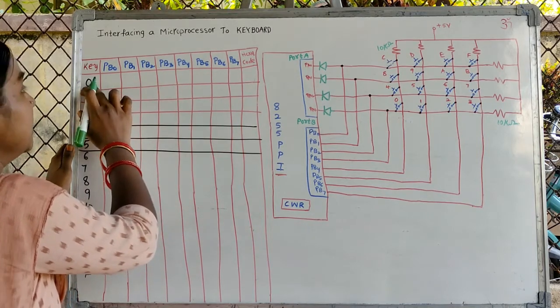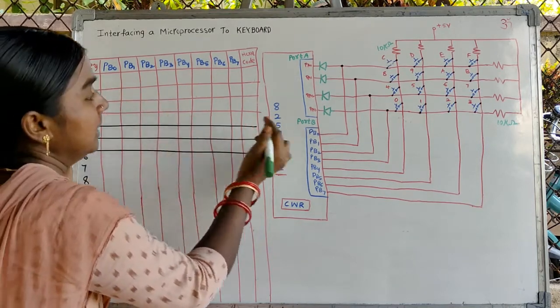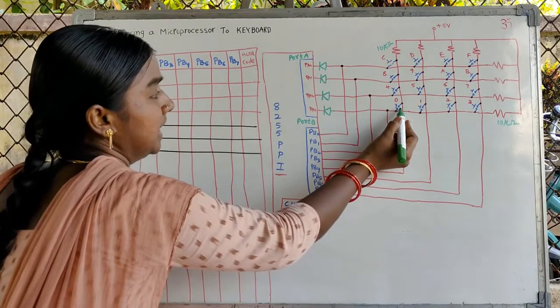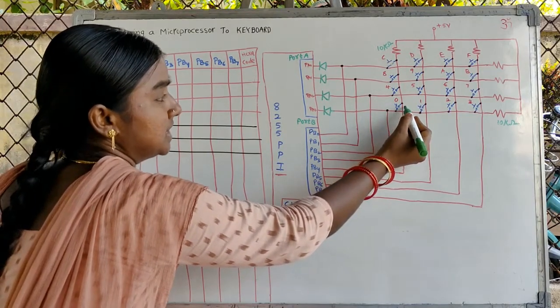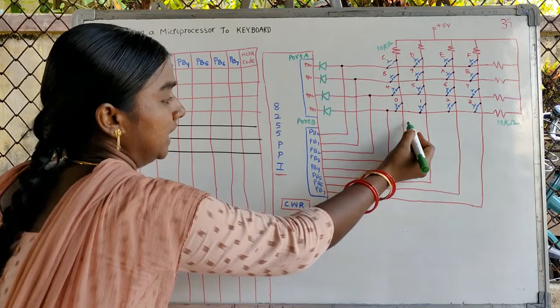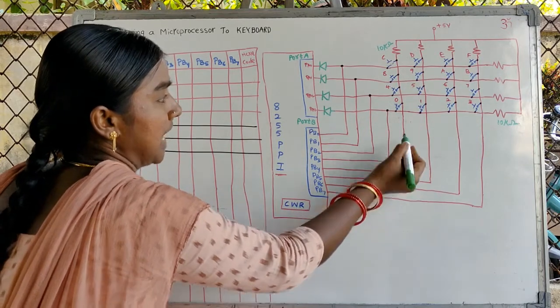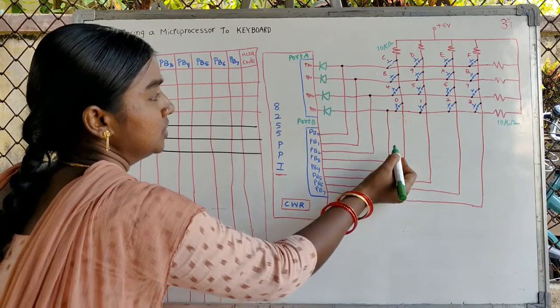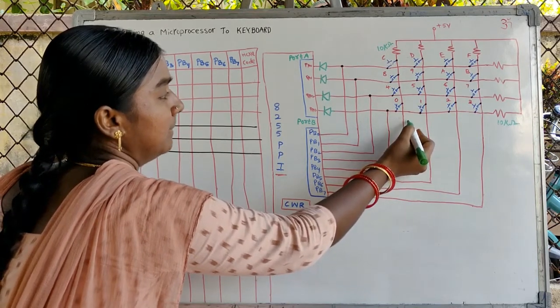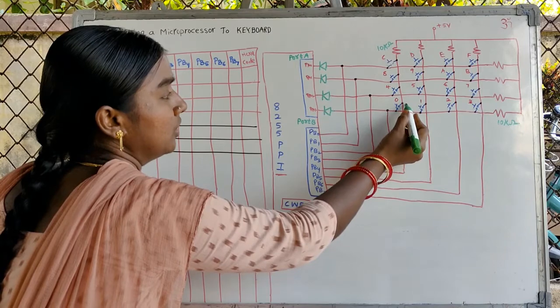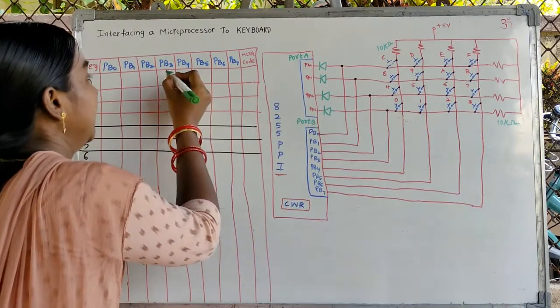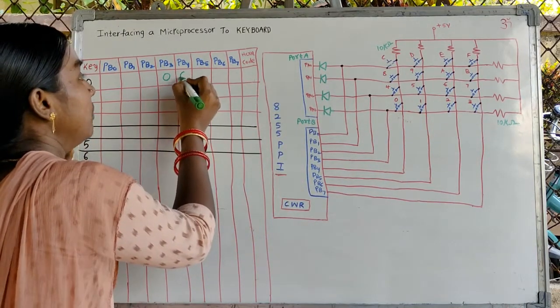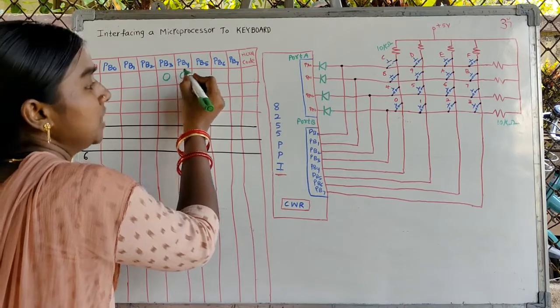Suppose a 0 key is pressed. This switch is connected with the lines PB4 as shown here and PB3 as shown here. So PB3 and PB4 lines are going to be at low voltage, that is 0, 0.